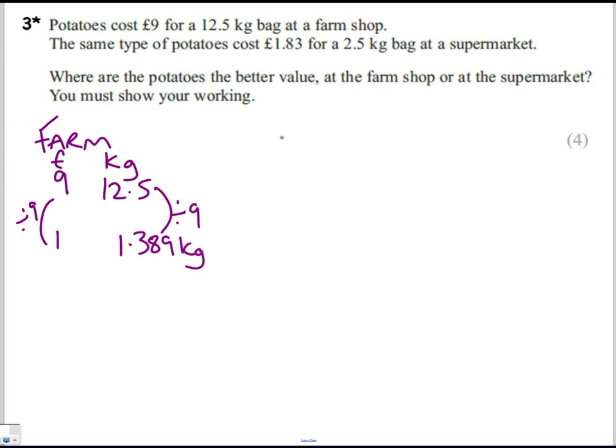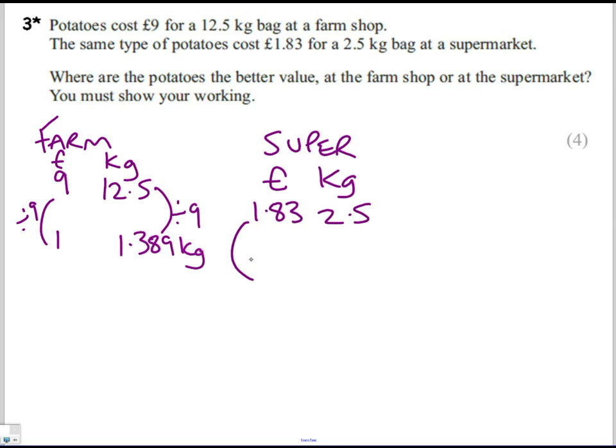If we do the same for the supermarket, then our pounds against kilograms is £1.83 for 2.5 kilograms. To work out how much £1 buys us, we divide 1.83 by 1.83, and it gives us the £1. Because we've divided that side by 1.83, we divide the other side by 1.83.